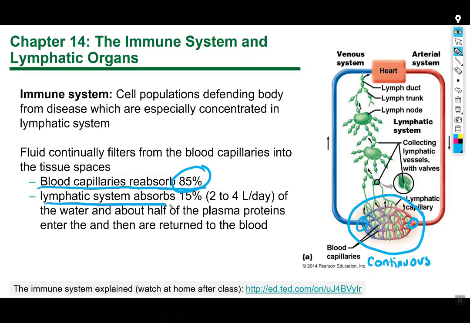And that stuff enters the lymphatic system. That accounts for between 2 and 4 liters per day. It's very similar to plasma, but with not nearly as much protein, because large proteins are too big to squish through the capillaries and they just stay inside. That's that colloid osmotic pressure driver.